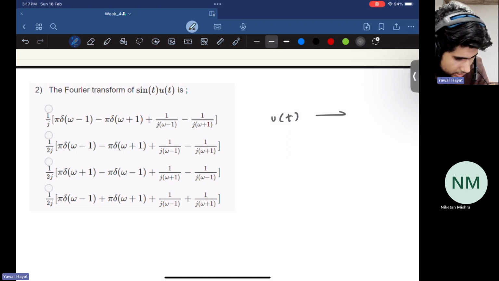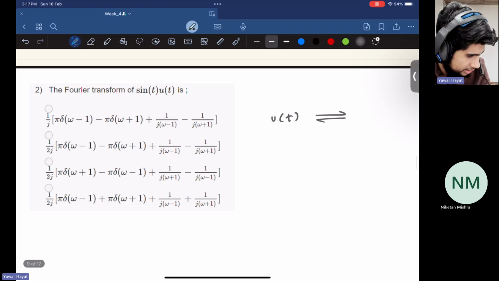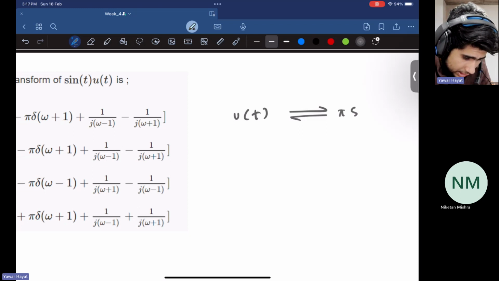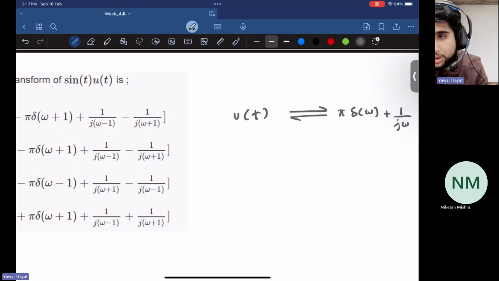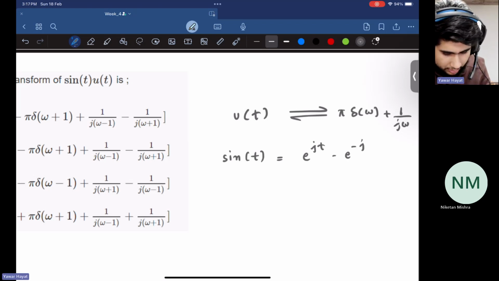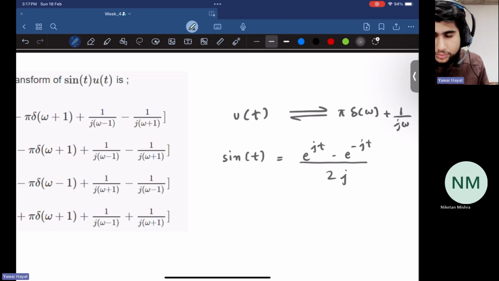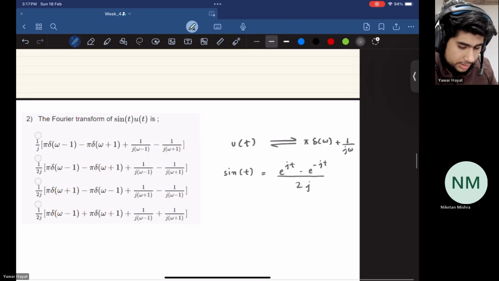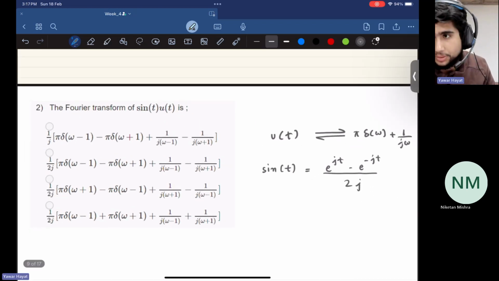We saw in the previous session that the Fourier transform of u of t is pi delta of omega plus 1 by j omega, right? And you also know that sine of t is e to the power jt minus e to the power minus jt, divided by 2j. You know these two results. You may use them and see if you can solve this one.